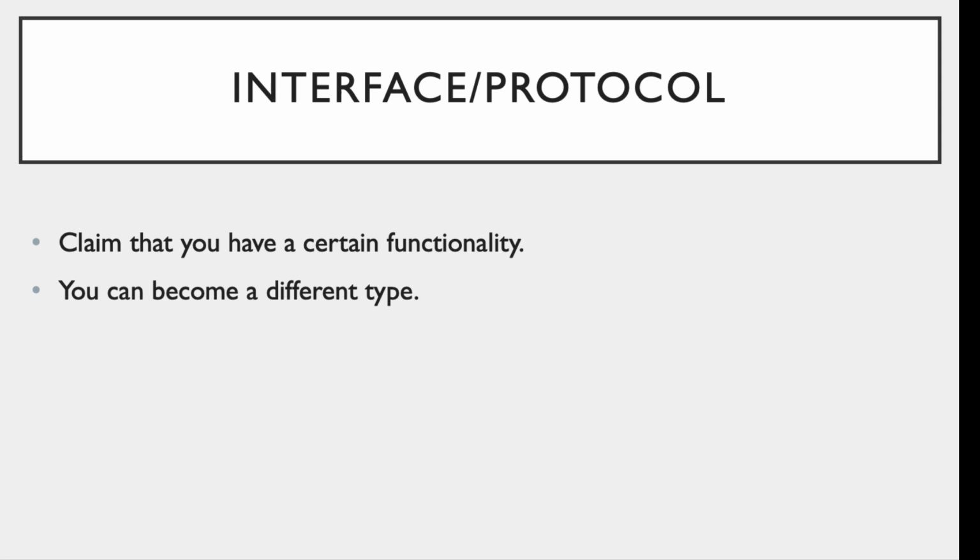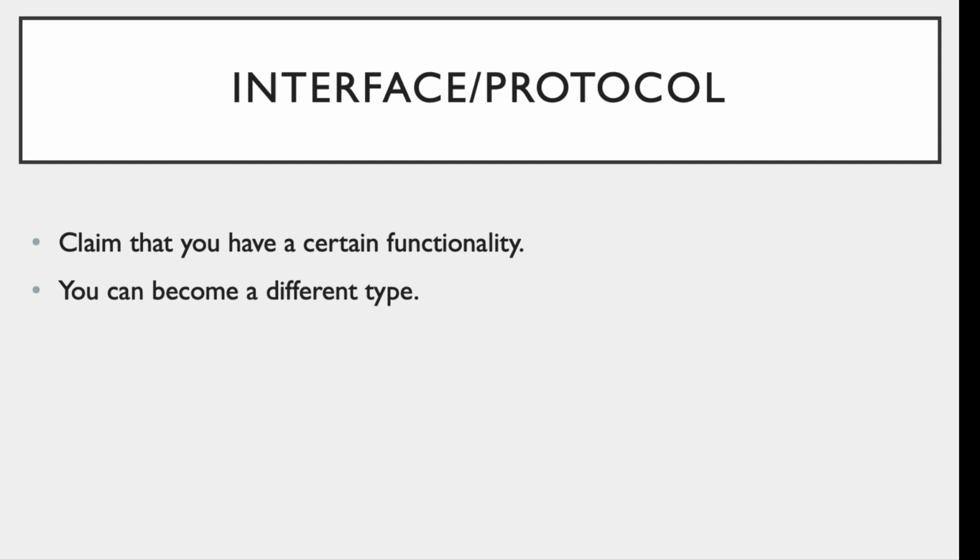So you can only inherit from one class, but you can claim to implement several different interfaces that give you certain functionality. And that increases the polymorphism that you have in your object-oriented programming, that classes can behave and be different types.